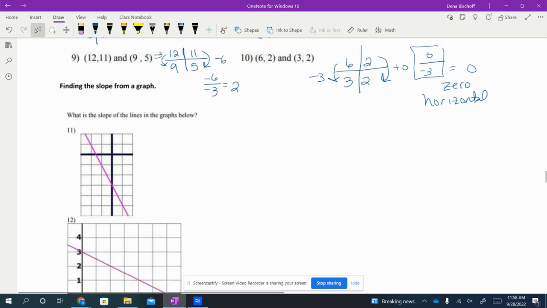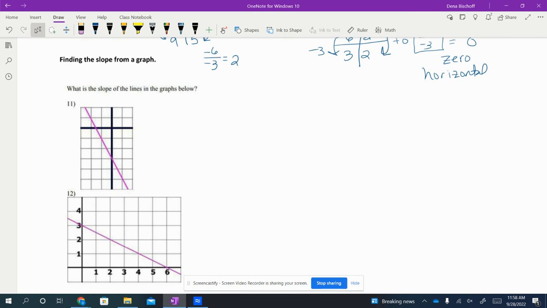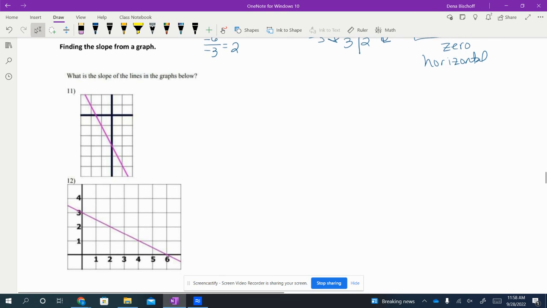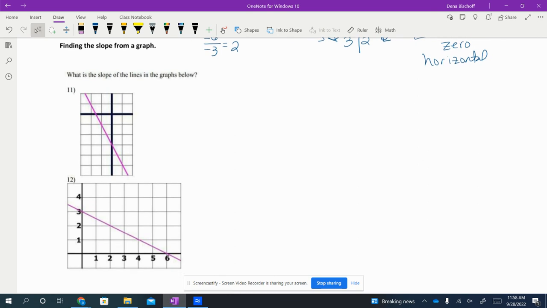Okay. Find the slope from the graph. So we're going to count slope from a graph. Pick points that you can actually see going through the grid lines. I make a triangle because that helps my brain.